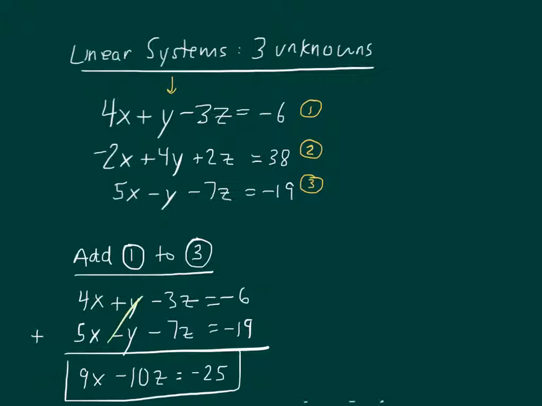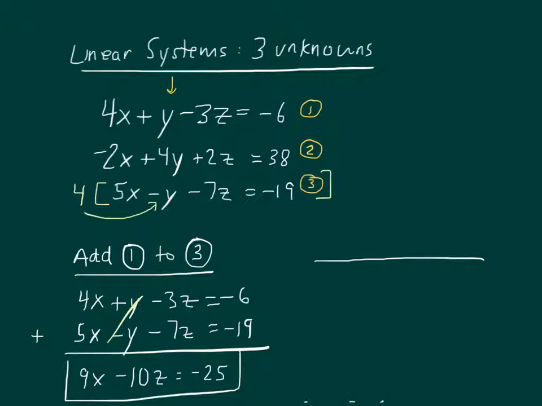Now I need to add two other equations here, but first I have to do something with this. Now I like the negative y here, negative 1y. This is a positive 4, so if I can make this a negative 4, then when I add these together they would eliminate. So what I'll do is take this last equation, number 3, and multiply it by 4 so that I have a negative 4y that I want.